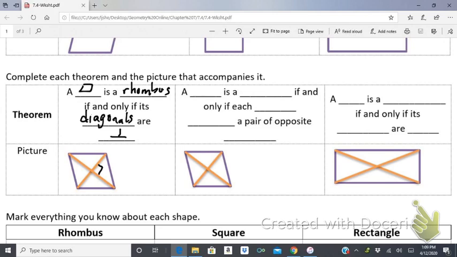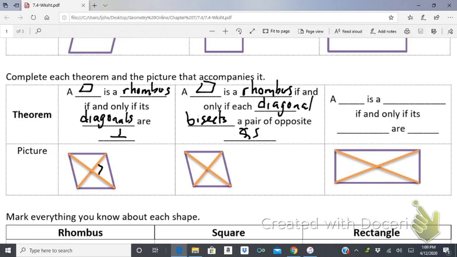Okay? So we're going to do the same thing here. A parallelogram is a rhombus if and only if each diagonal bisects a pair of opposite angles.